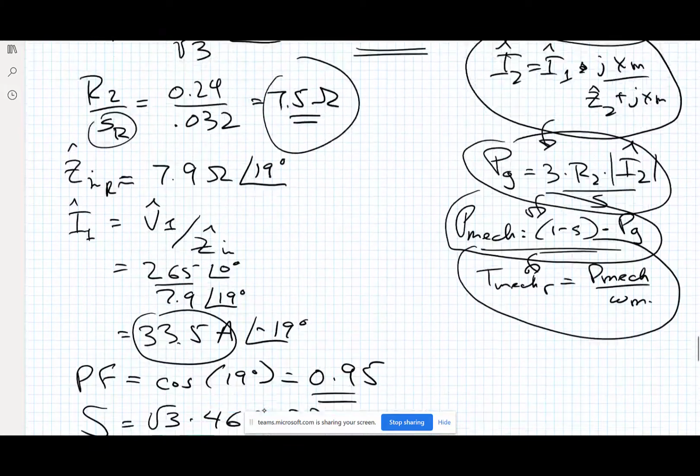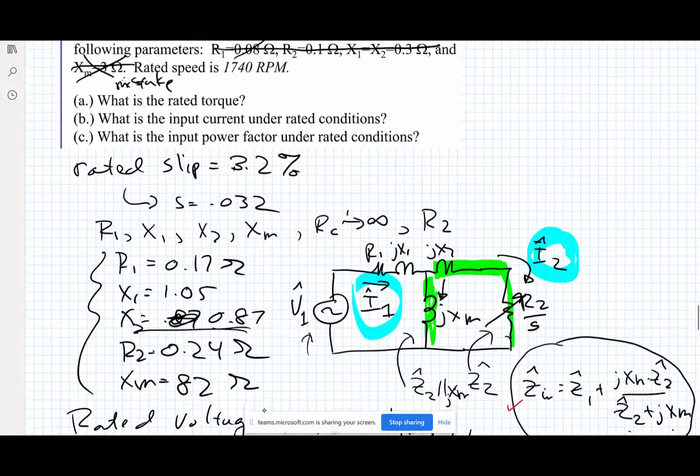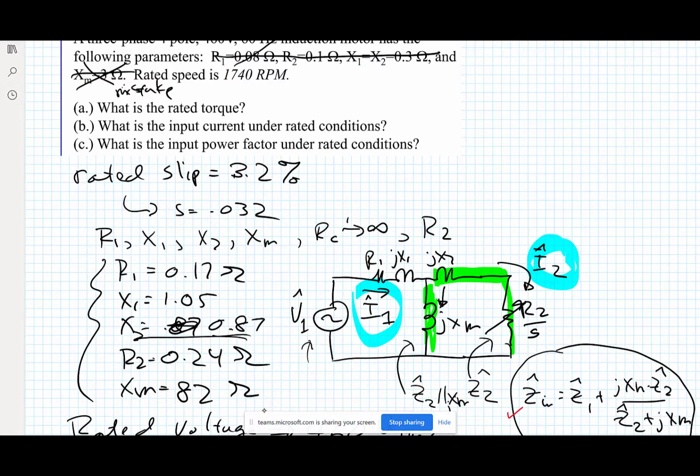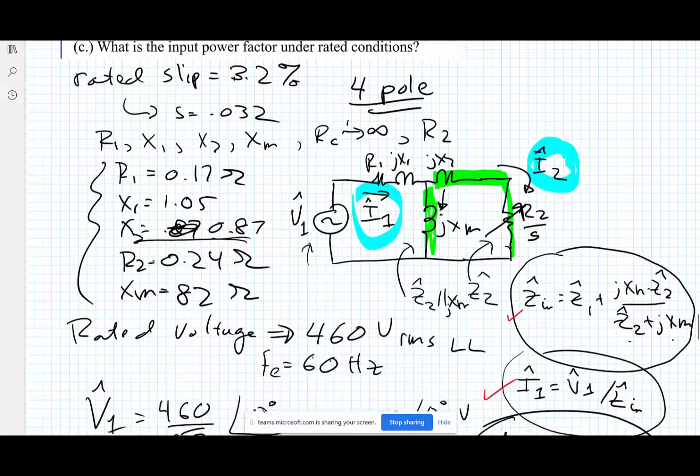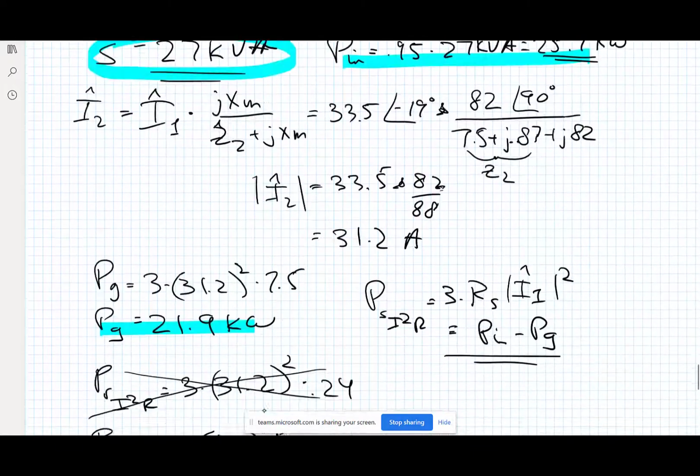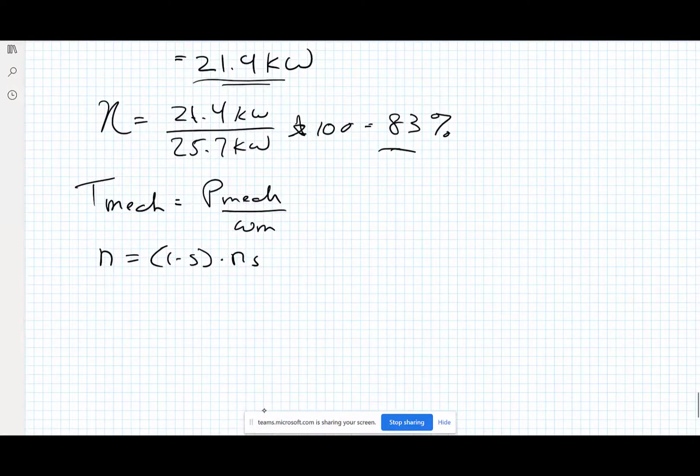Now, one thing I didn't tell you, which I should have, was how many poles there were. So let's say it's a 4-pole machine. Because I have to know that, that means this is 1800, 1 minus 0.0.